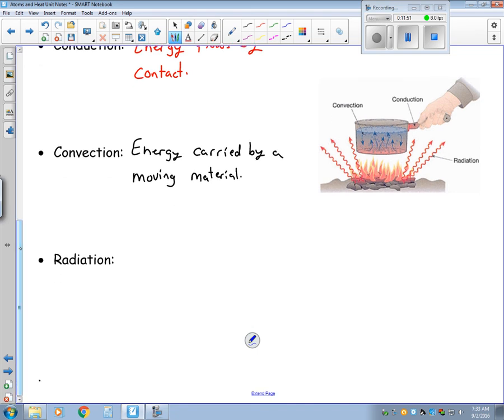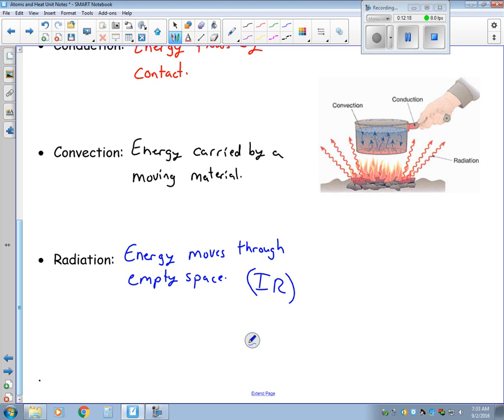And finally, radiation, this is energy moving through empty space. And this is actually through infrared radiation or infrared light.